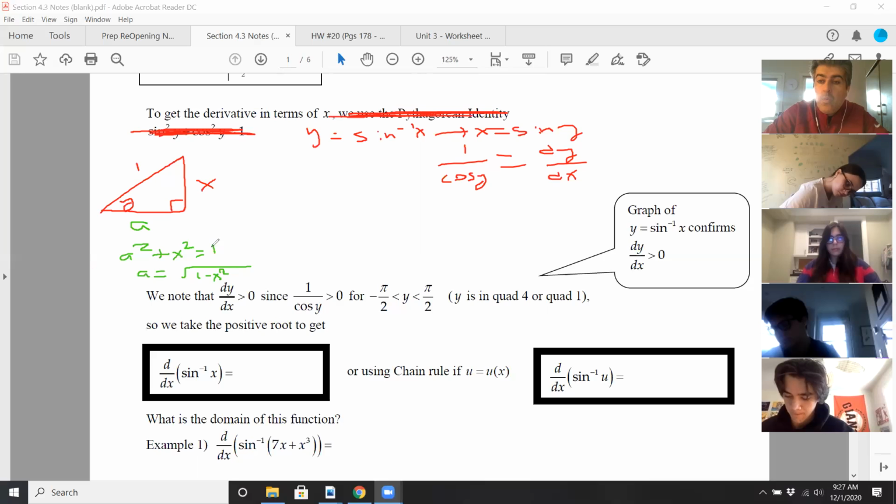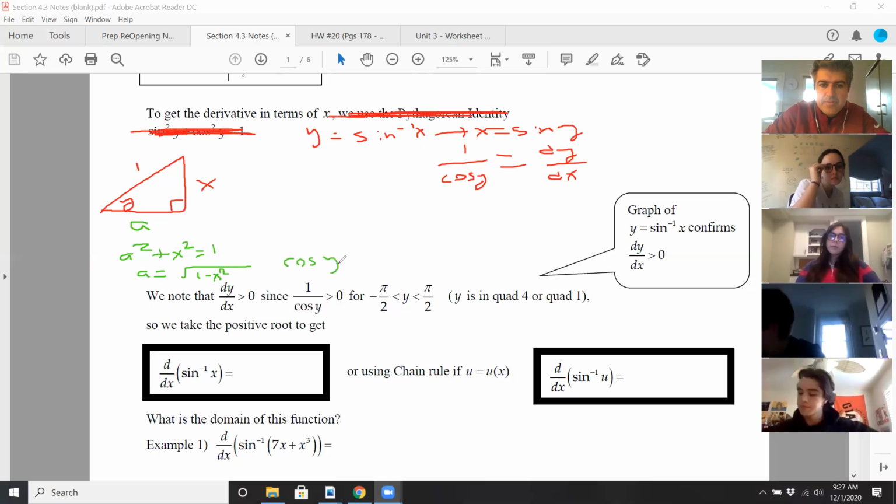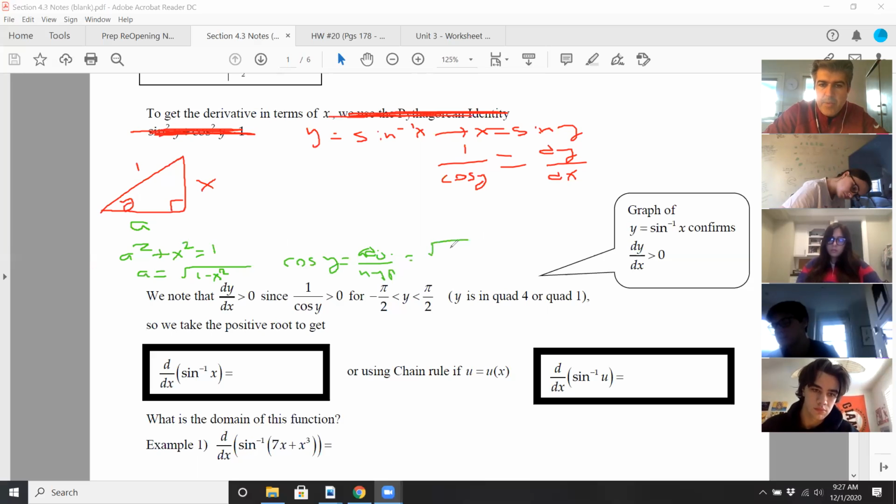Okay, well, what's cosine of y going to be here? Is that just going to be adjacent over hypotenuse? And what's my adjacent? Root 1 minus x squared. What's my hypotenuse? 1.